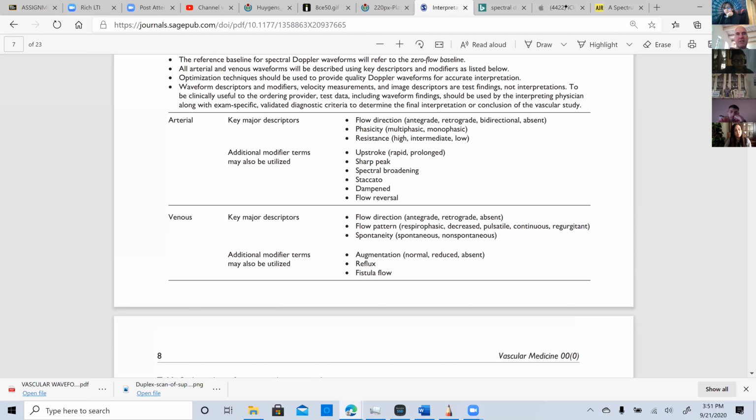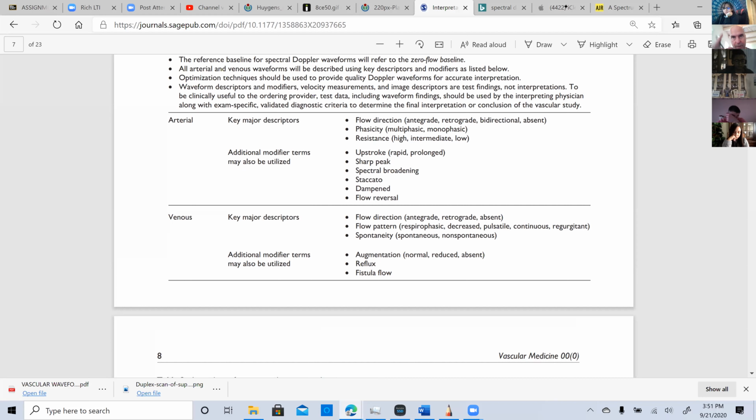Arterial key descriptors. I think we've used most of these. Flow direction, antegrade. That's going in the direction it's supposed to be going, not necessarily up. Retrograde, backwards flow, and that might be normal, or it could be abnormal.